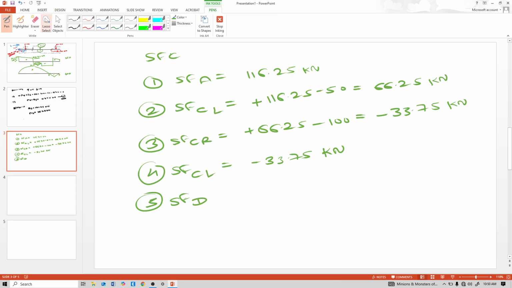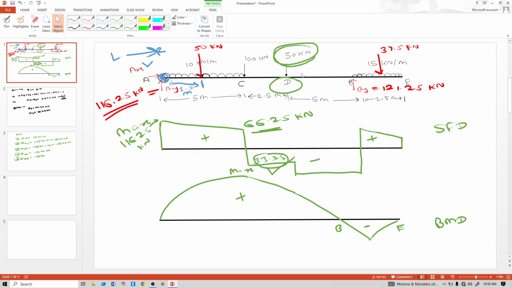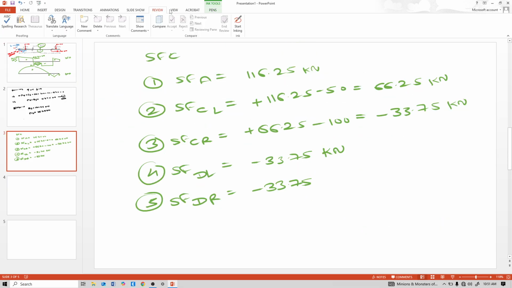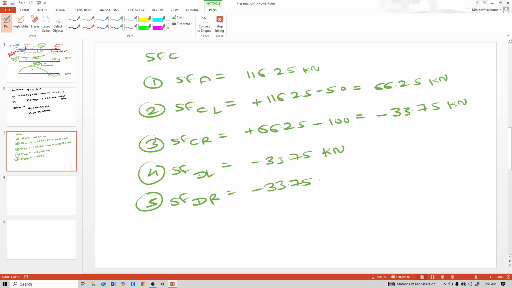Here it is D. So right is minus 33.75 and downward 50, that means minus 50. Upward is positive, downward is negative. So minus 33.75 minus 50 is minus 83.75 kilonewton.